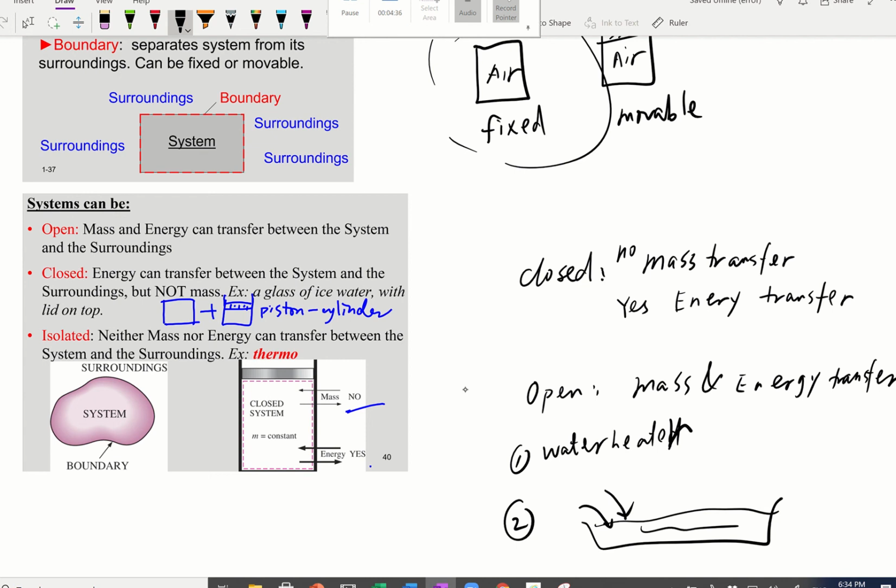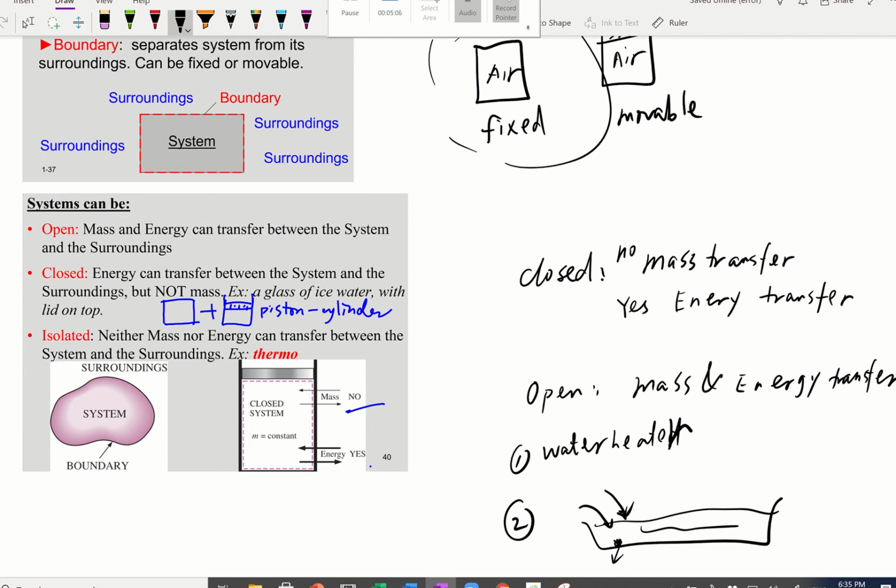Yes, hot and cold come in here. There's energy transfer. And if the drainage is opened up, there's also mass transfer out. But regardless if this is clogged or opened, you're going to have mass come in. That's going to be mass transfer. So a bathtub with water in it and water coming in is an example of an open system, right?